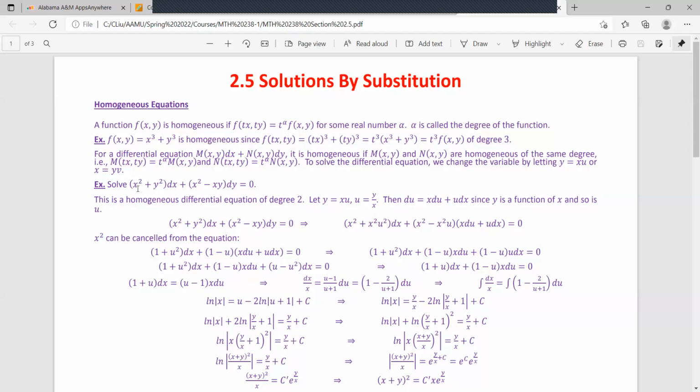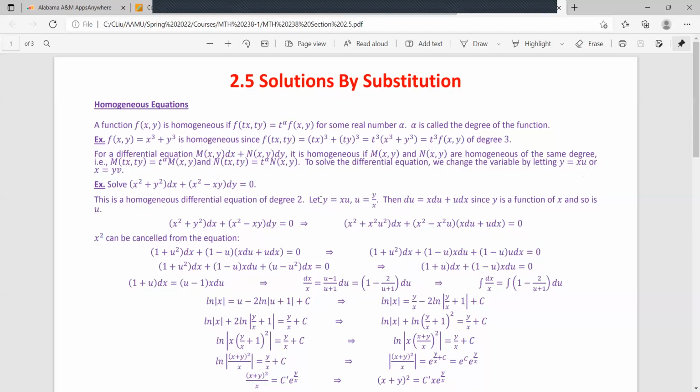If you replace x by tx and y by ty, you just get t squared in each term. So it's a differential equation with homogeneous functions of degree 2. So that's a homogeneous differential equation, and we can use the scheme y equal to xu or x equal to yv to solve this equation, okay?